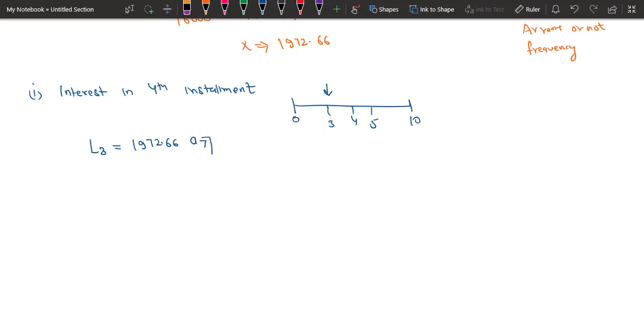we are calculating the amount here. In the prospective method, we look at the future cash flows. There are a total of 7 future cash flows, starting from 1 here, 2 here, and the last will be at time 10. So there are 7 cash flows. We can use this method to calculate our L3.